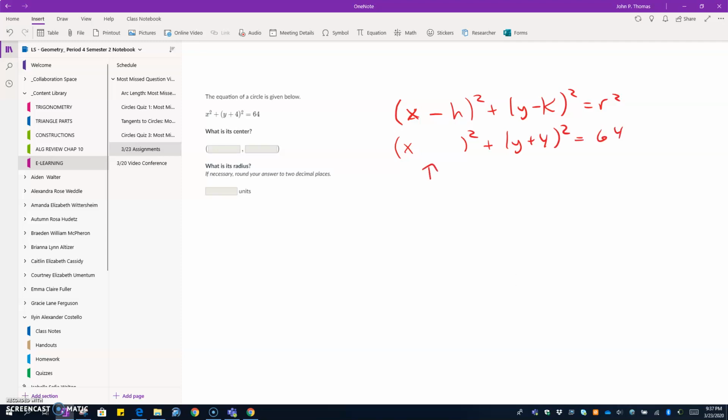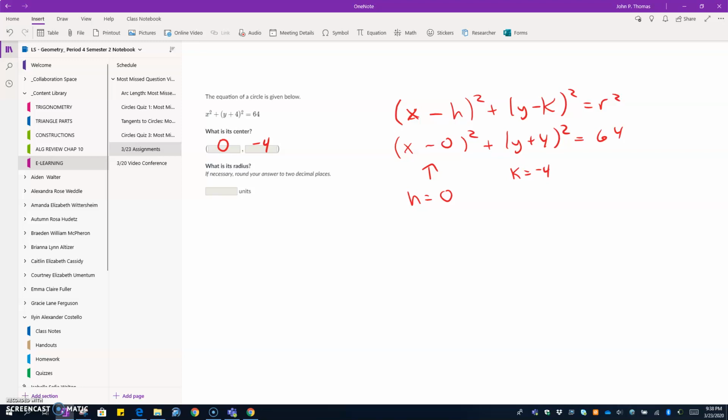Looking at this first piece, the only way I can make that happen is with a minus 0. Because x is equivalent to x minus 0, so that means my h value is 0. If I go to the next piece where the k is, I have a negative 4. Because if I do y minus negative 4, that's a y plus 4. So that's my h, k, the center. So I've got 0, negative 4 for my center.